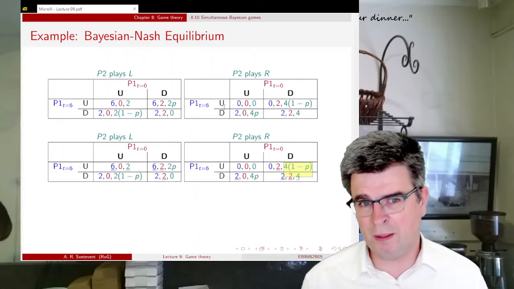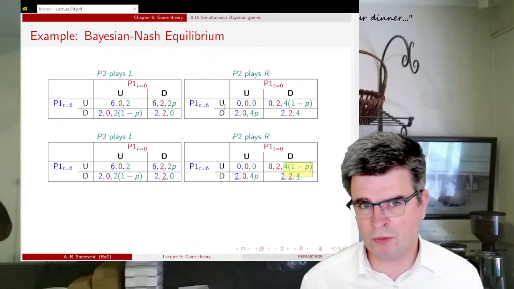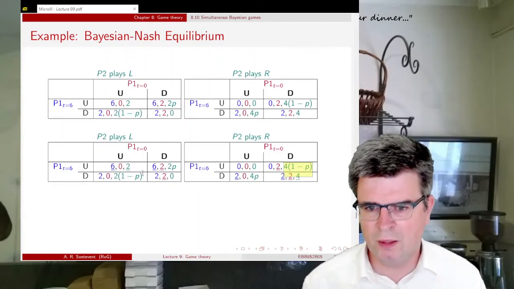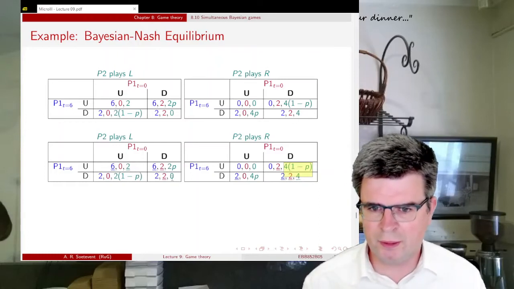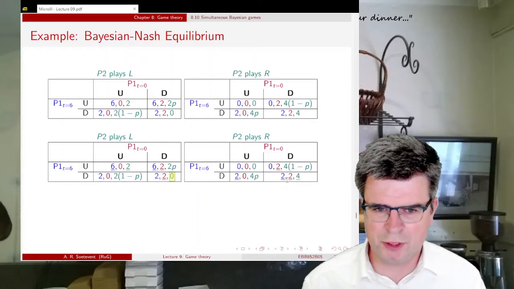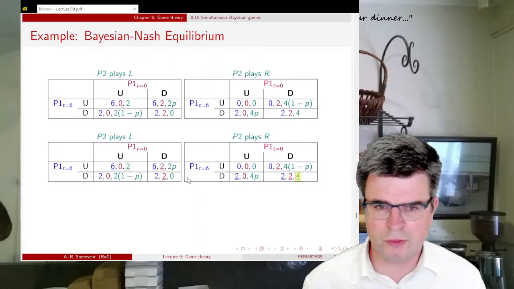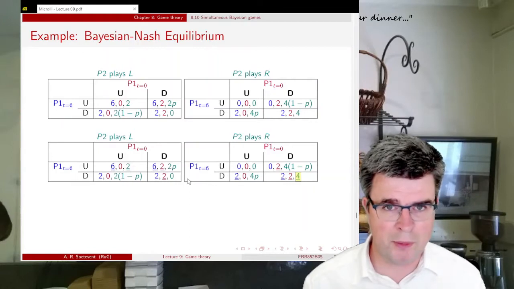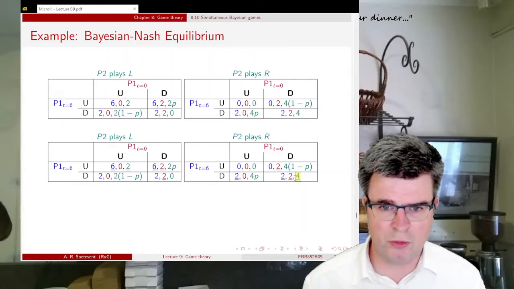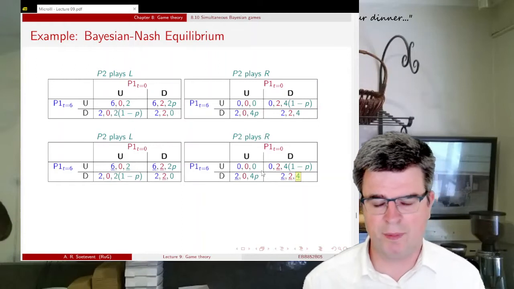What is more? That depends on the value of p. And also here, this one is easy: 0 is less than 4. So given the strategies of the two player 1 types, it's optimal for player 2 to play right.